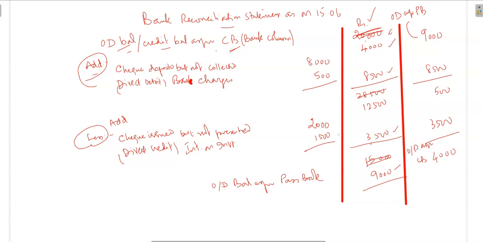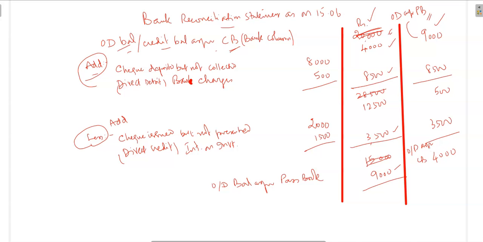This method should be adopted. If the question specifically says to prepare BRS taking cash book balance as start point, this is the way it has to be worked out. If the question says that your start point should be OD balance as per passbook, this is how you have to do it.